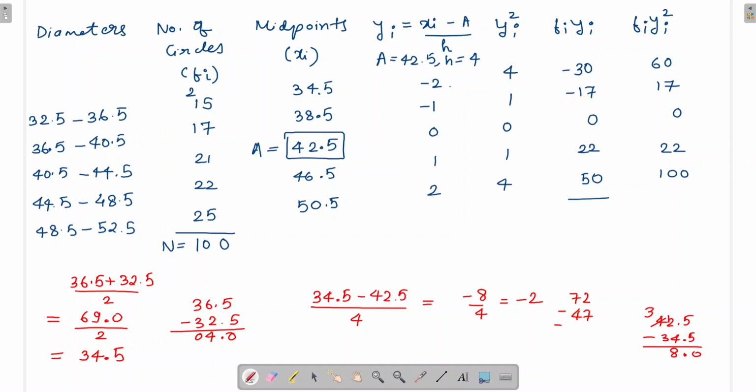Okay, so 1 borrowed 6, so 5 and 2, 25 here. And for the sum of fi yi square, 6 plus 1 is 7, 7 plus 2 is 9, and 1, okay, so 199. Now let us find the mean.